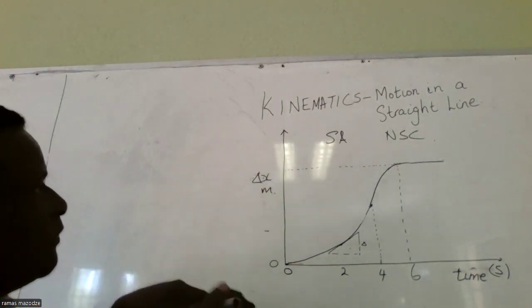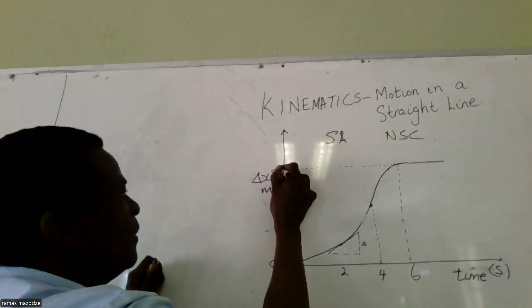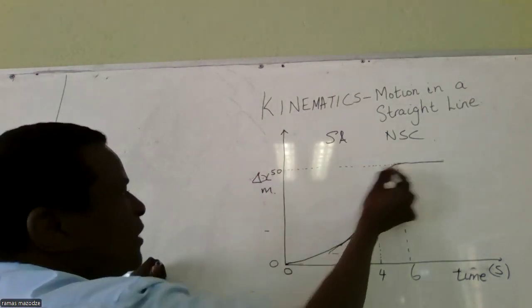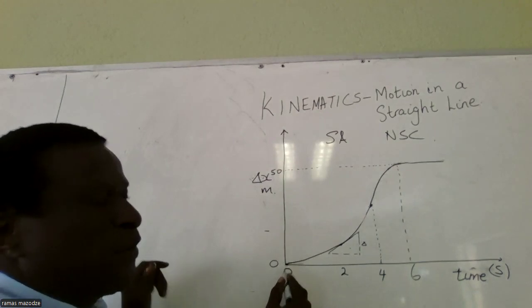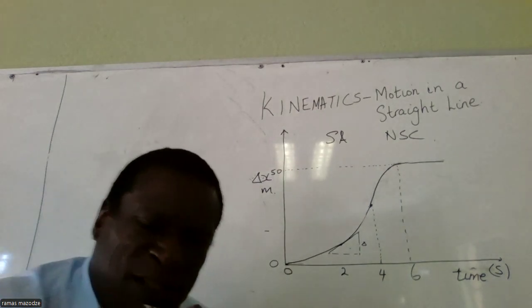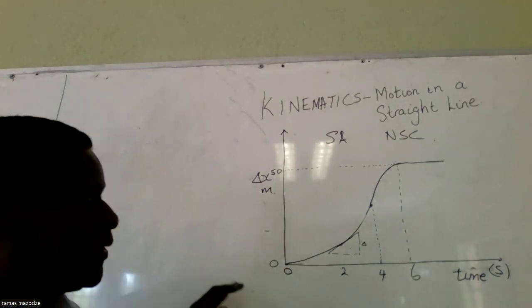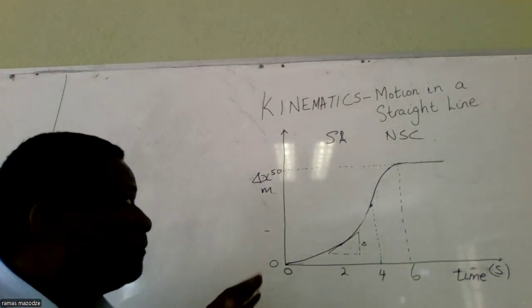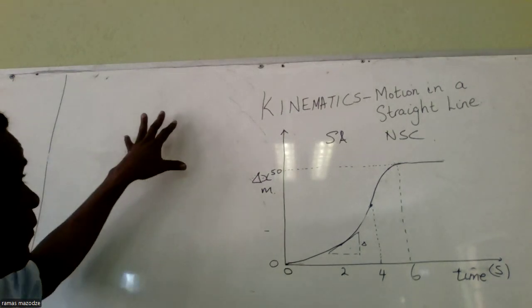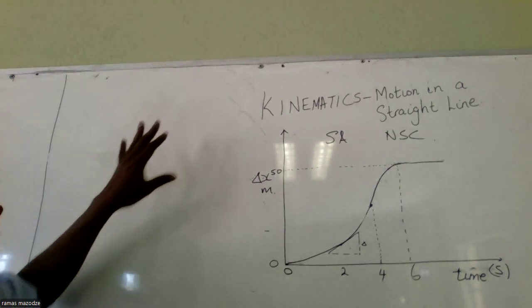If this was, let's say, 50 meters there, it means at that point it is 50 meters from the starting point. It's always measured in a straight line from start to the end point. That is displacement.